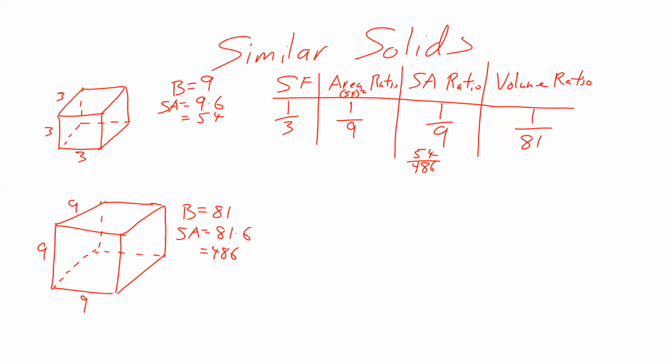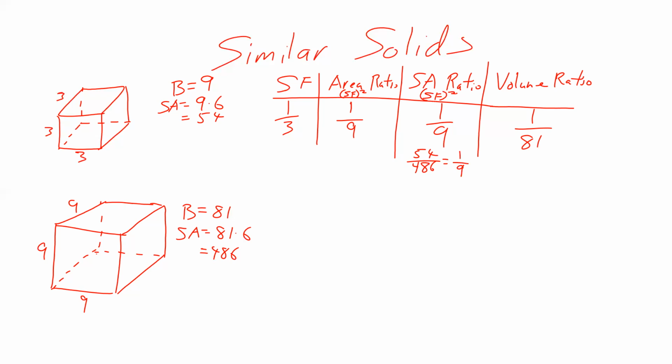How many times does 54 go into 486? 486 divided by 54 is 9, so the ratio is 1/9. So our surface area ratio is also our scale factor squared. Now, the volume ratio. You still good with the 1 over 81?